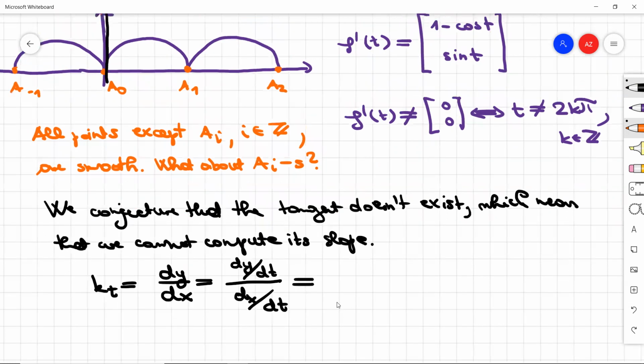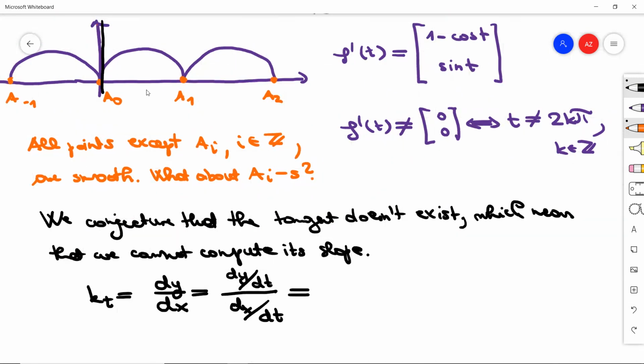And so let's try to compute the slope from the left and the slope from the right to this curve, to our cycloid. So let's try to compute the limit when t goes to 2k pi, let's say 2 pi, or we can leave 2k pi, of this slope.